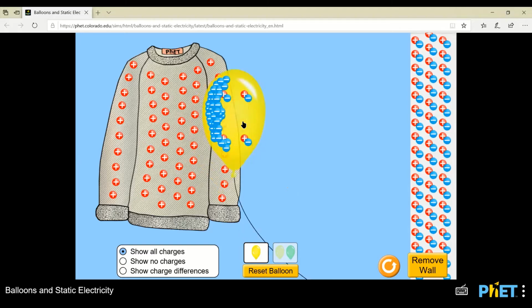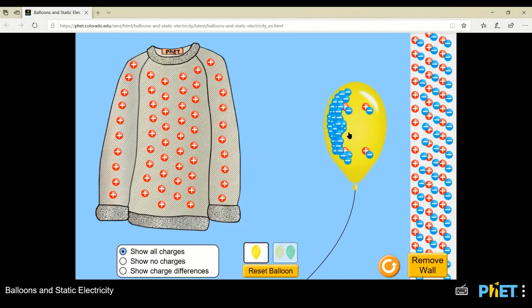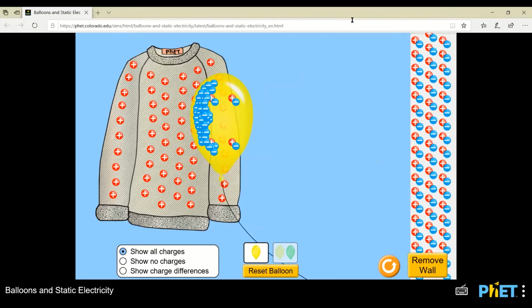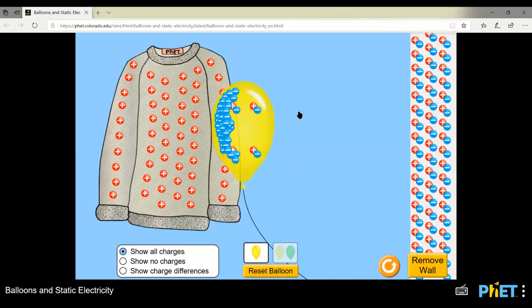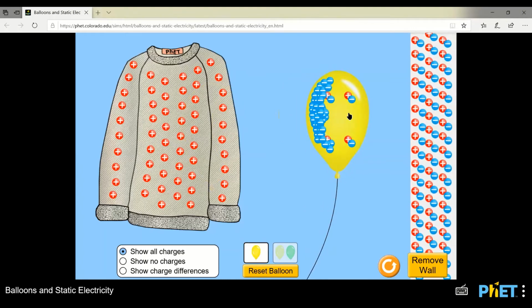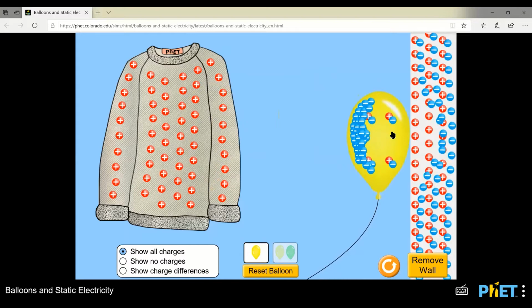Now let's see what's going to happen if we bring the balloon close to the wall. If we move this balloon close to the wall, the electrons in the balloon, they will repel the electrons in the wall.